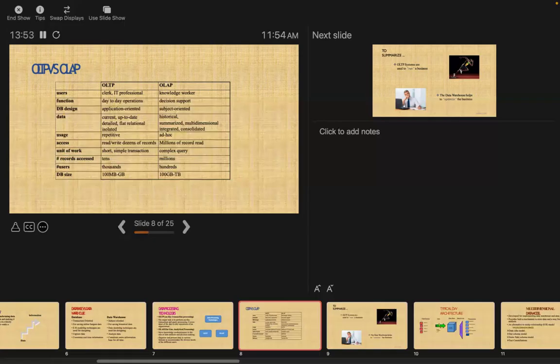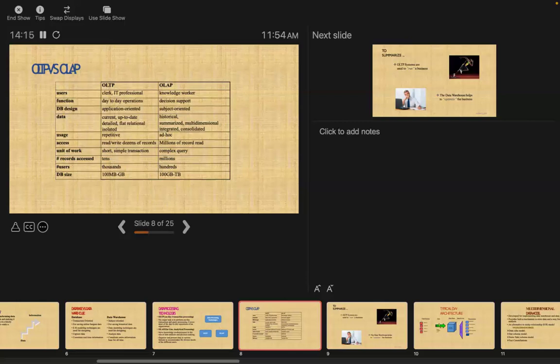Obviously, what type of applications you are using and for what purpose you are using. But in case of OLAP, again, I told you, it is one step above. So here we will focus more on one domain or one subject. So this is subject-oriented.